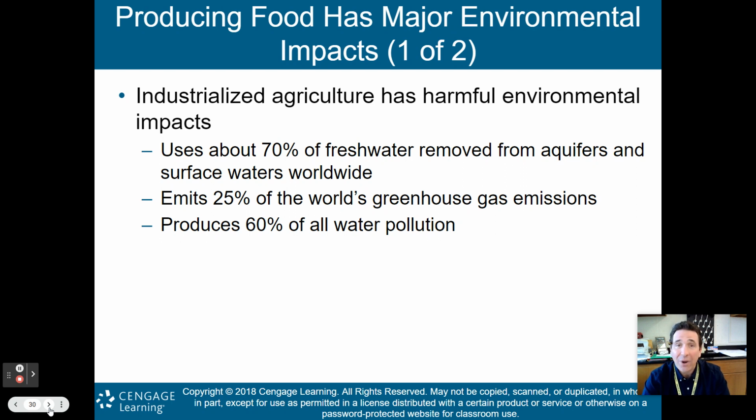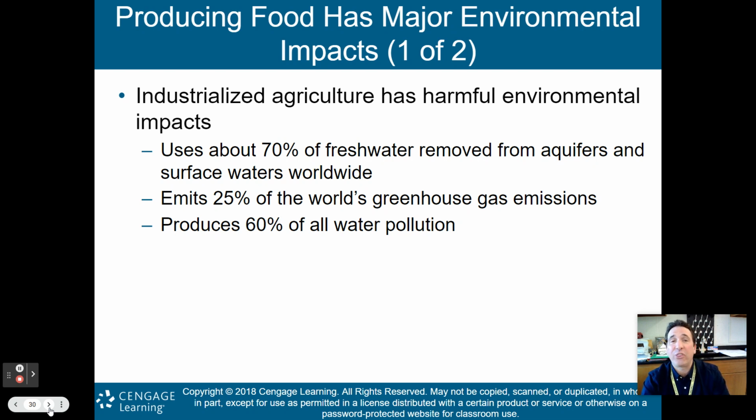Industrialized food production produces 60% of all of the water pollution we have on the planet. Right? So it's not your automobile, it's not oil slicks, things like that. It's industrialized agriculture. 60% of the water pollution, 25% of the world's greenhouse gases, 70% of fresh water is used for it. Again, these are not sustainable, right?